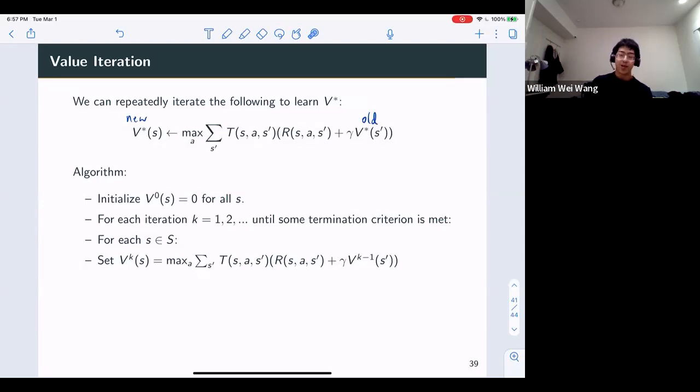So this leads to a value iteration algorithm, which formally says this. Let's initialize V0 to be 0 for all S. Then for each iteration until we terminate, like when the value function stops changing, we'll loop through every state, and then take this old estimate of the value function, and set the new estimate to be this equation, which is based on the old estimate.